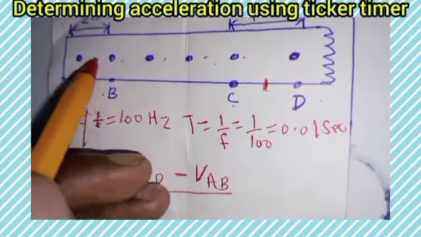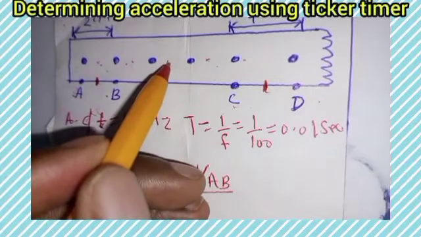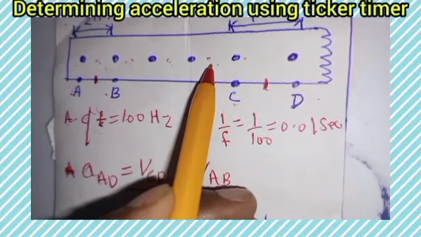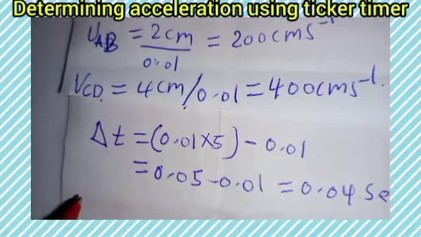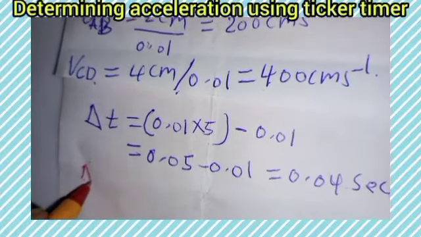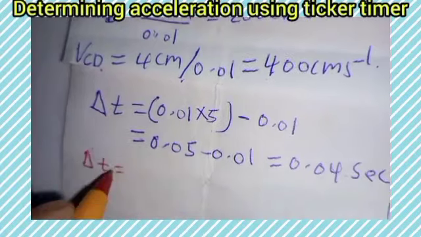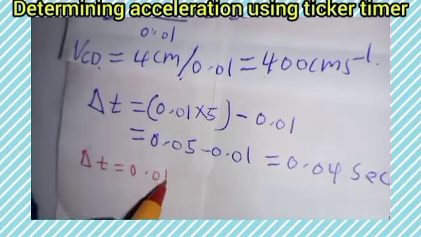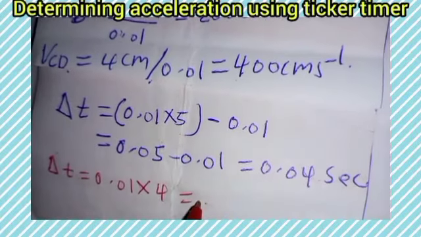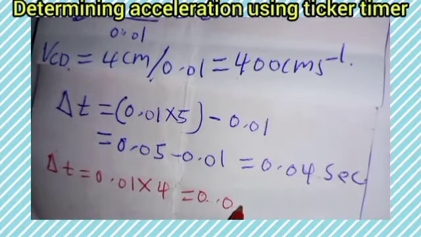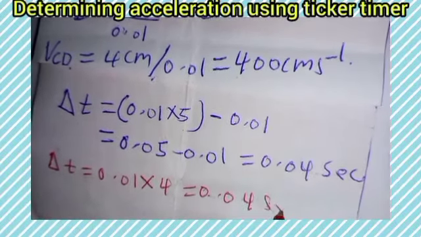So this is half, 1.5, 2.5, 3.5, then 4. So you have 4. So change in time, you could have calculated it this way. Change in time could be given by 0.01 times 4, which is equal to 0.04 seconds.